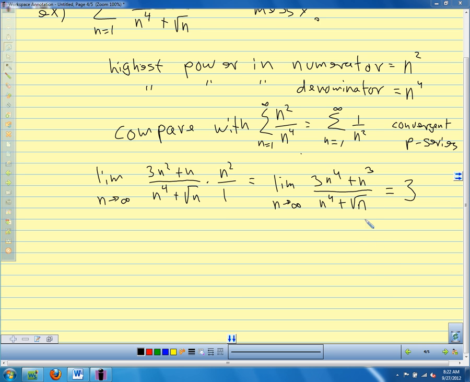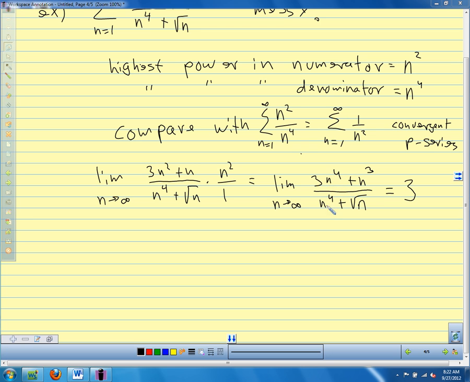And the other trick you can use on limits like this, if you do L'Hopital's 4 times, yeah. The other thing you can do with terms like this is divide everything in the numerator and denominator by the highest power of n.